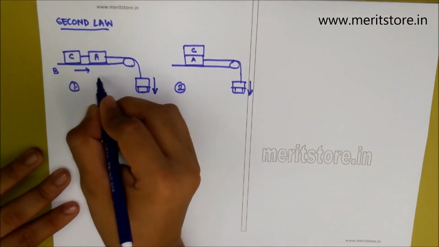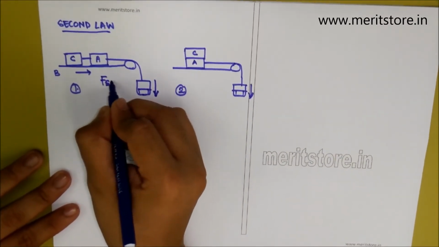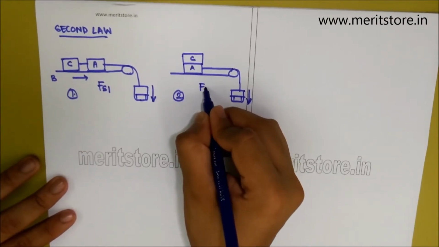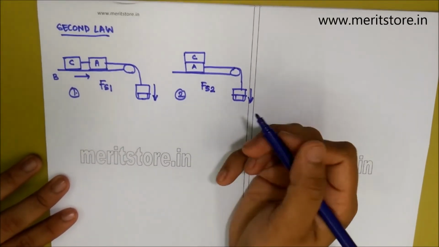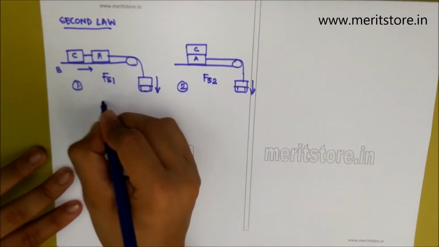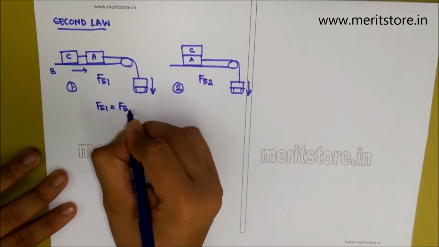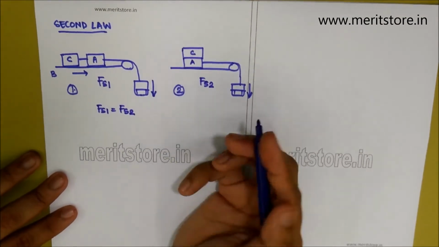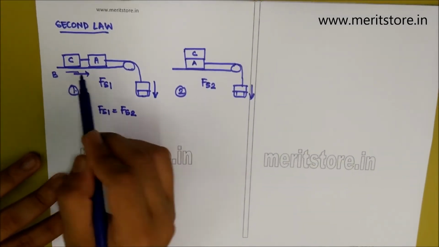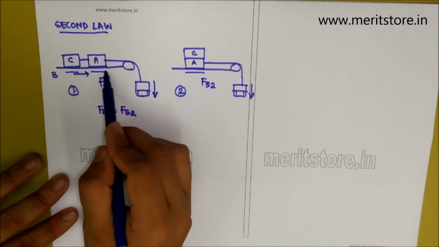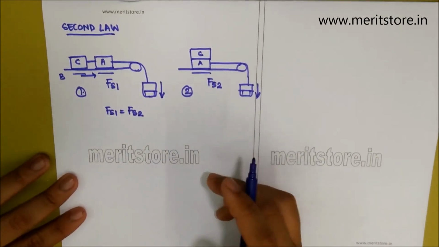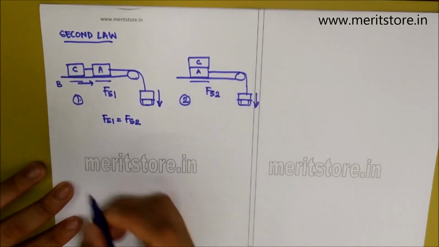So let this have a limiting force of static friction Fs1 and this have a limiting force of static friction Fs2. We see that Fs1 is equal to Fs2. So the limiting force of static friction does not depend on the area of the bodies in contact. It is independent of the areas of the bodies in contact.